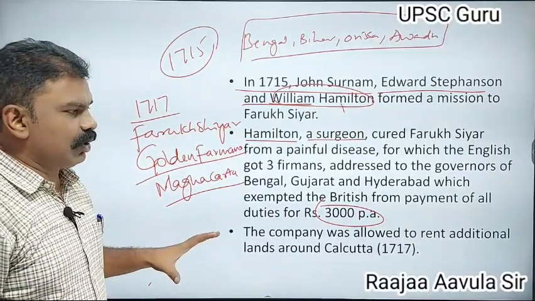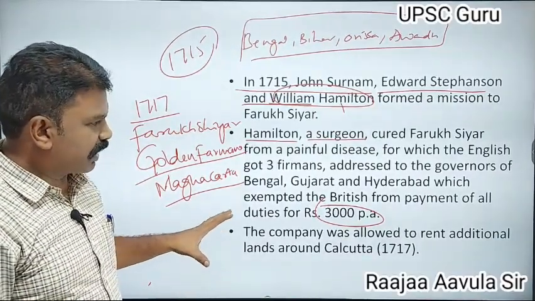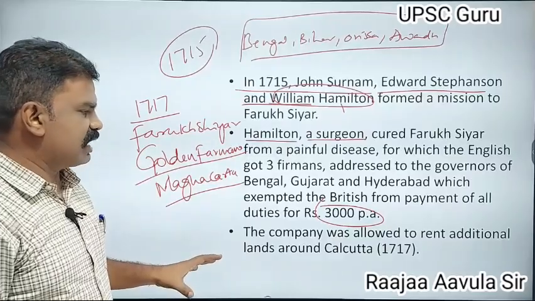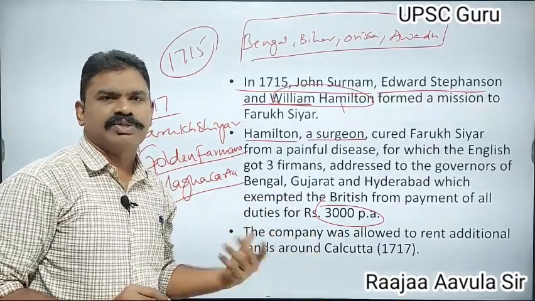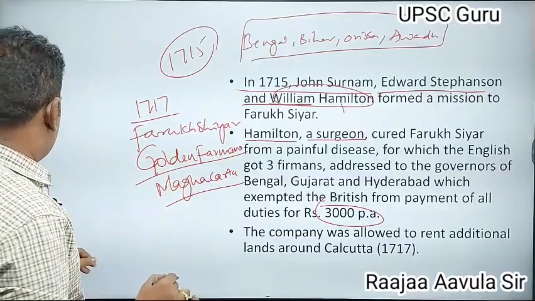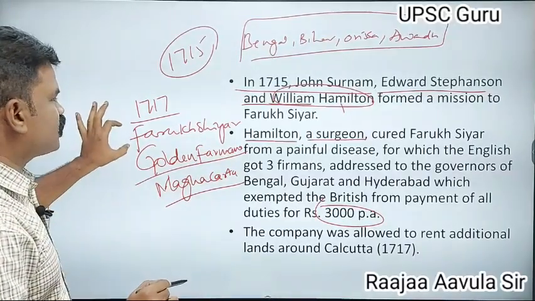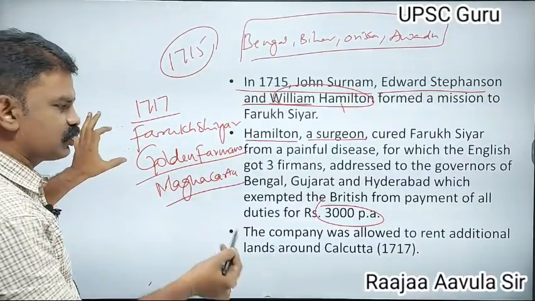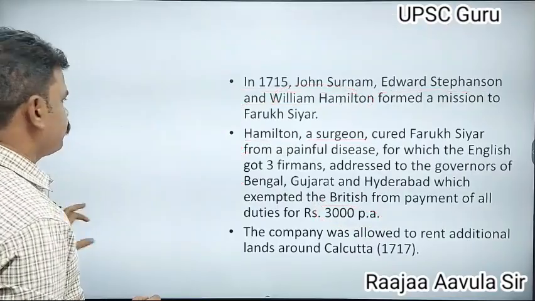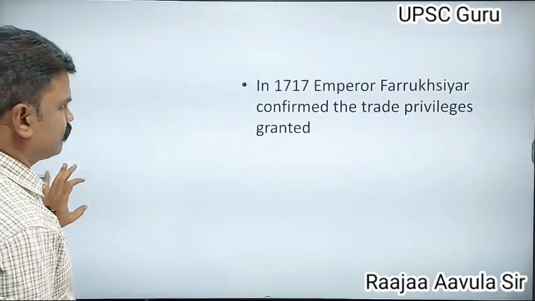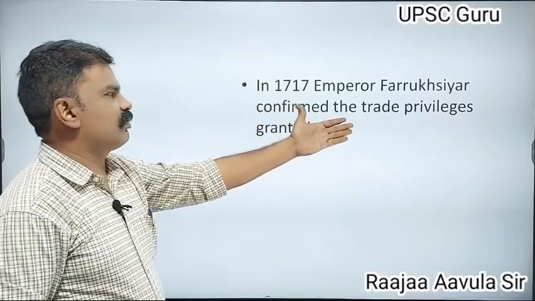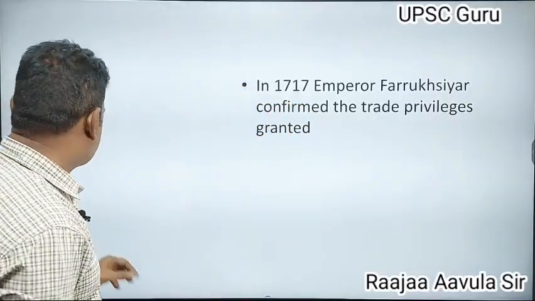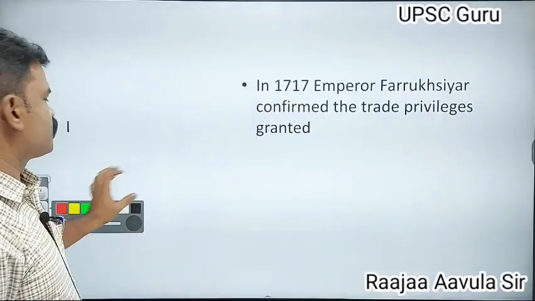The company was allowed to rent additional lands around Calcutta. Farrukhsiyar also gave some rental lands to the company around Calcutta. 1717 confirmed the trade privileges granted by Farrukhsiyar.